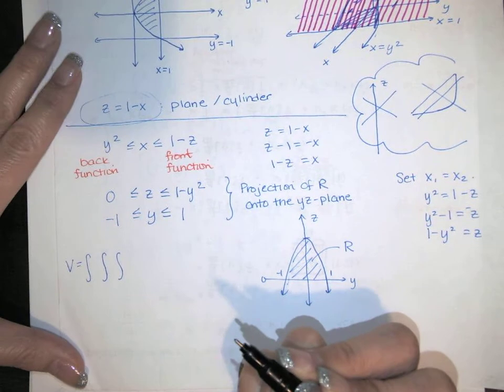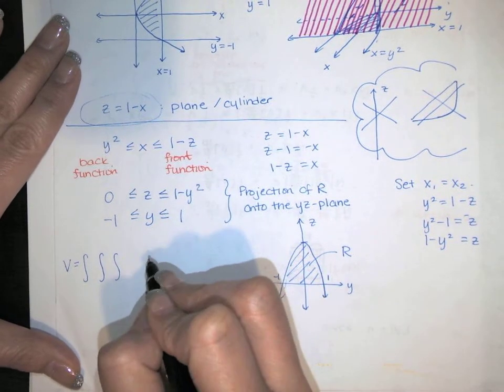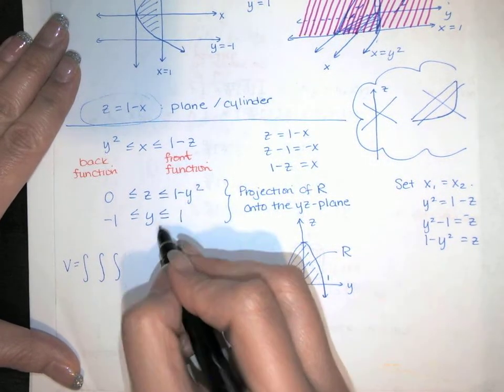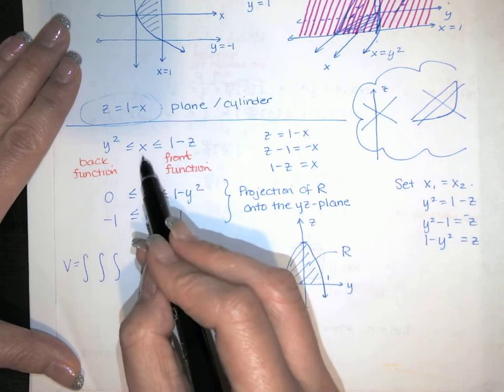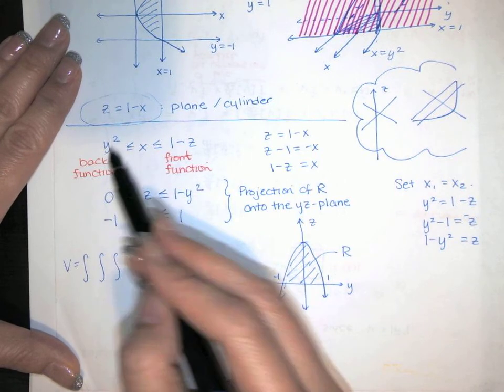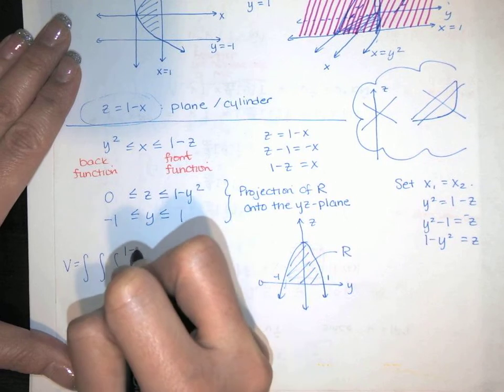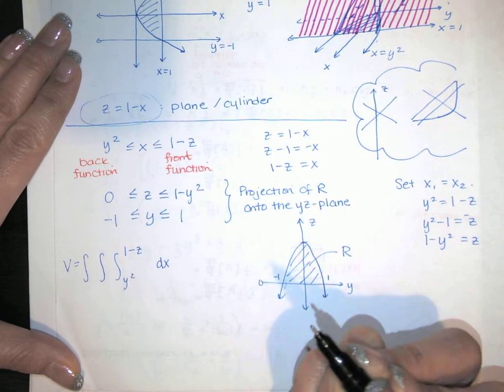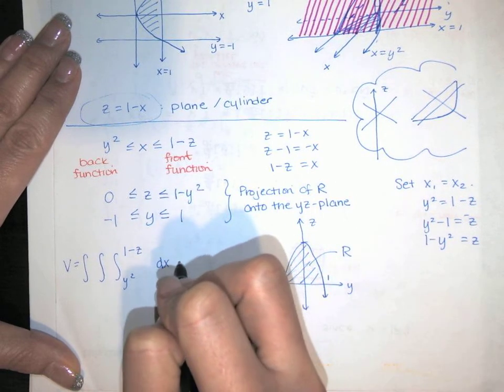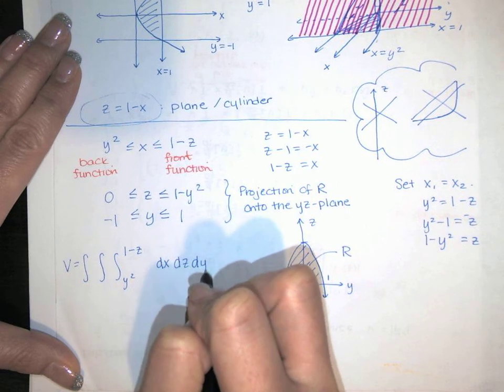Now this is the way it works. The innermost variable can depend on the other 2 variables. So x is going from a function of y and z to a function of y and z. So I need to integrate with respect to x first. They actually told us it was going to be dx, dz, dy.